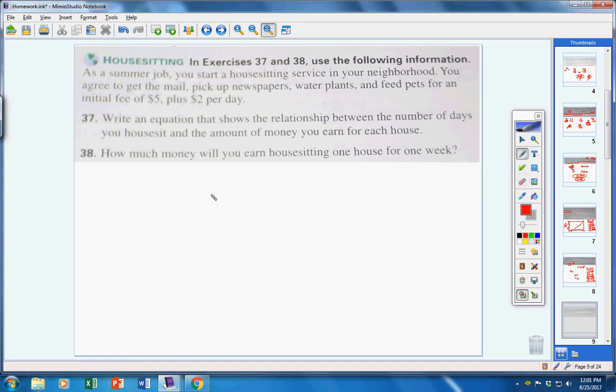Piece of cake. Profit equals, now, think about this, $2 per day. So 2 times D, right? Makes sense. Plus, now, would I put 5D? No. You're not charging $5 for every day. You're just charging $5 one time.